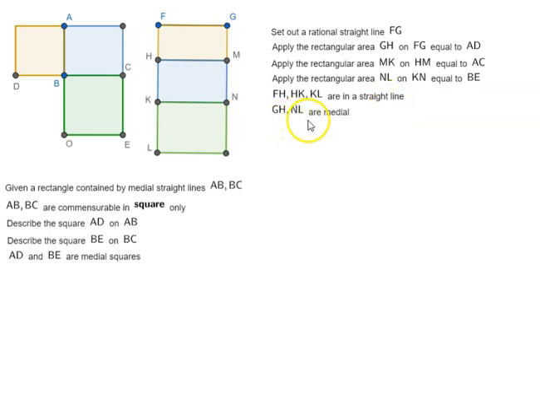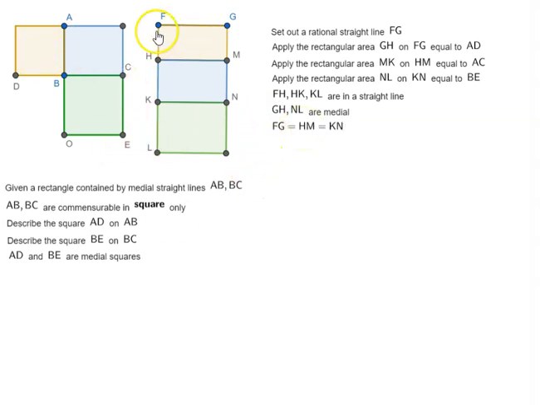Now rectangles GH and NL are medial. Why? Because squares AD and BE are medial. Since they are medial, these will also be medial because they are equal to each other.